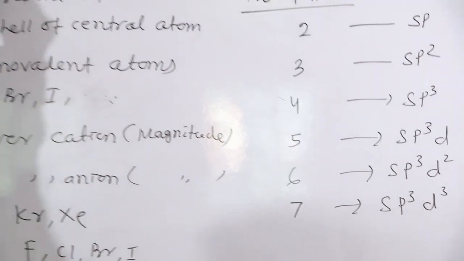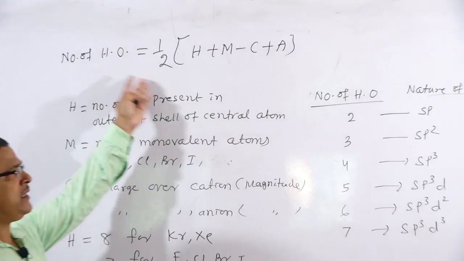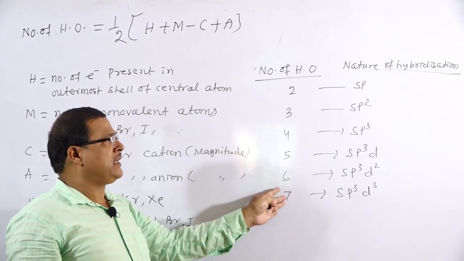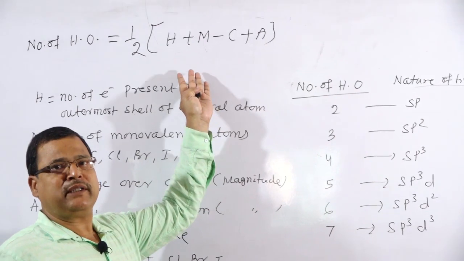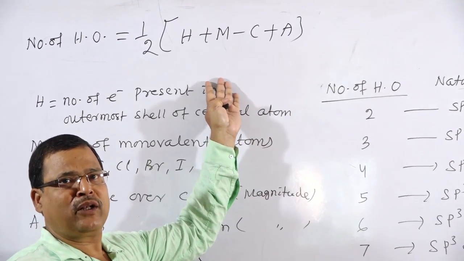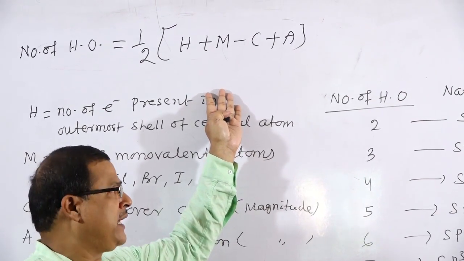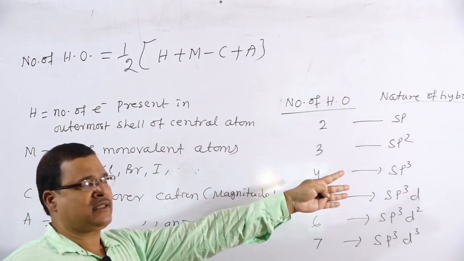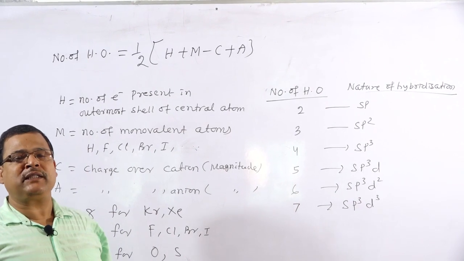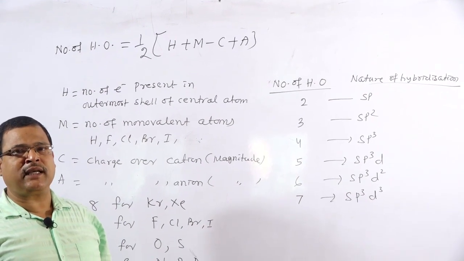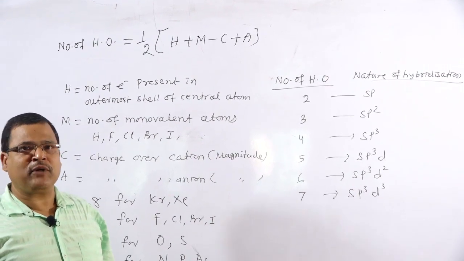So by the application of this formula, we determine the number of hybrid orbitals and then the nature of hybridization. We apply this formula to the xenon fluoride and xenon oxide compounds. Then we determine their respective structures by the application of the VSEPR theory, valence shell electron pair repulsion theory.